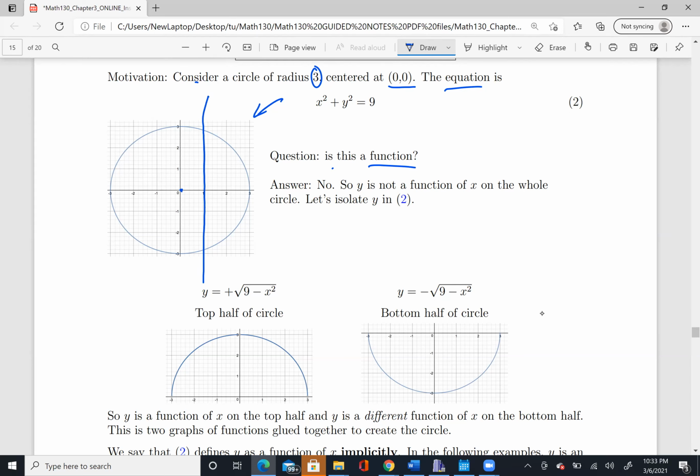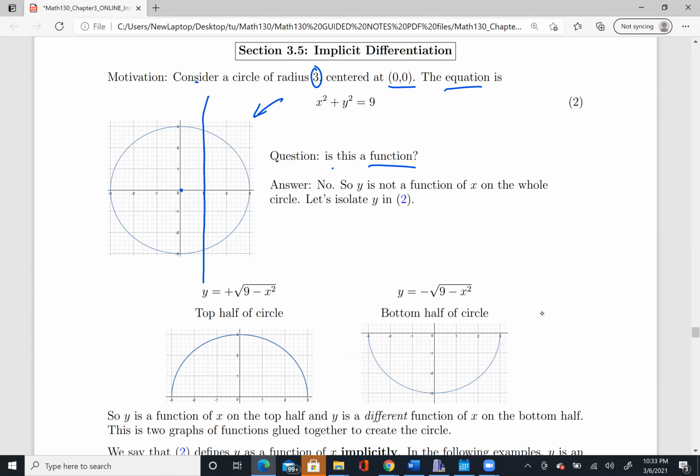Okay, it's better. For this vertical line, how many intersections does it have with the graph of the equation x squared plus y squared equals 9? You can see there are two intersections, right? So since there are two intersections, you can say this is not a function.